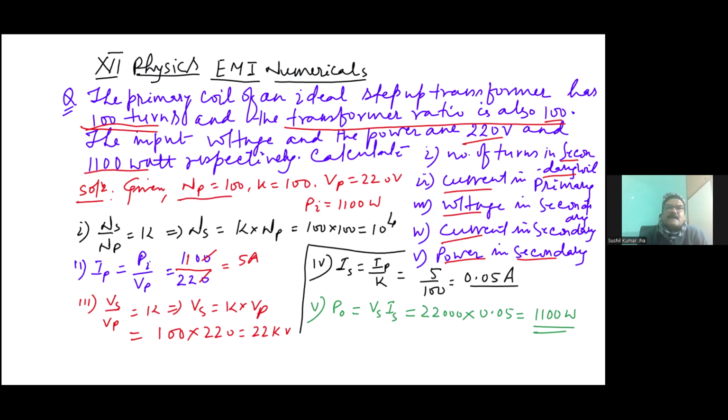And input voltage and power is 220 and 1100. So voltage in primary is 220 and power input is 1100 watt.